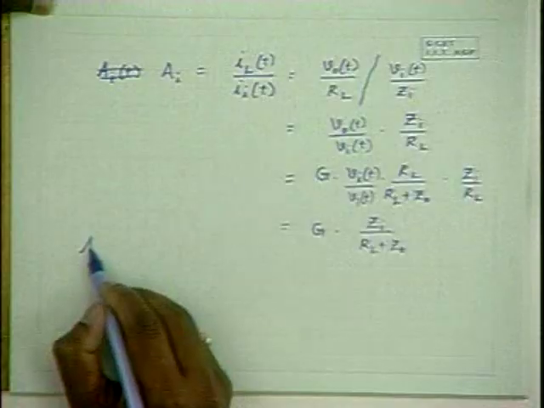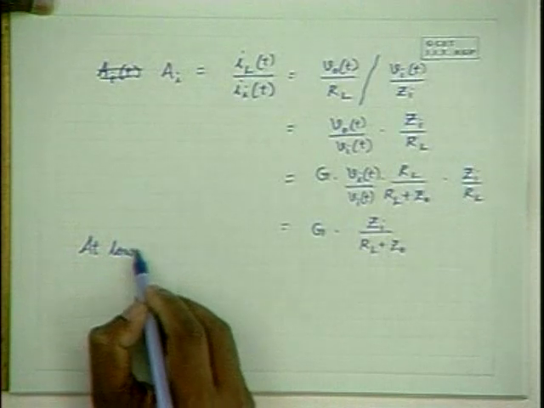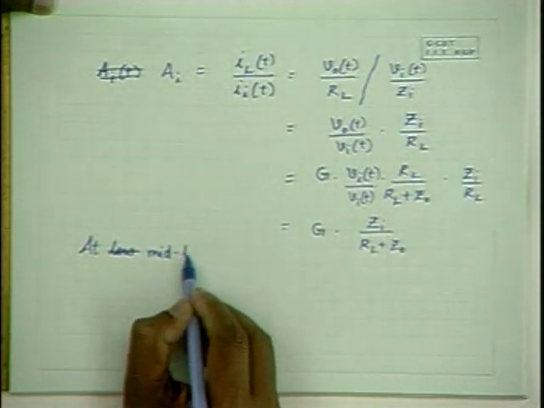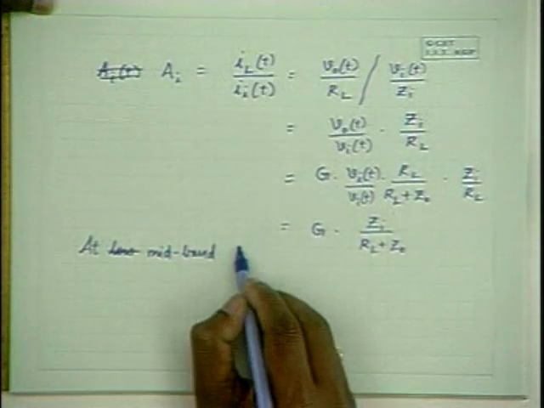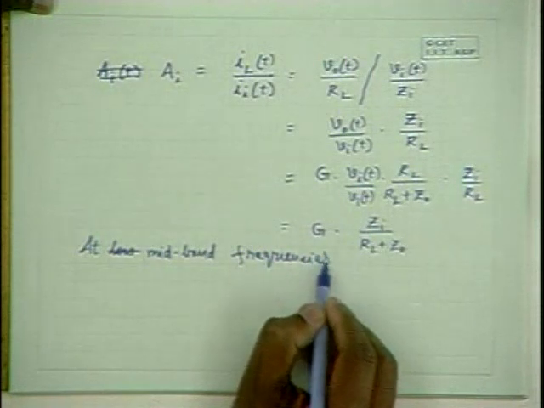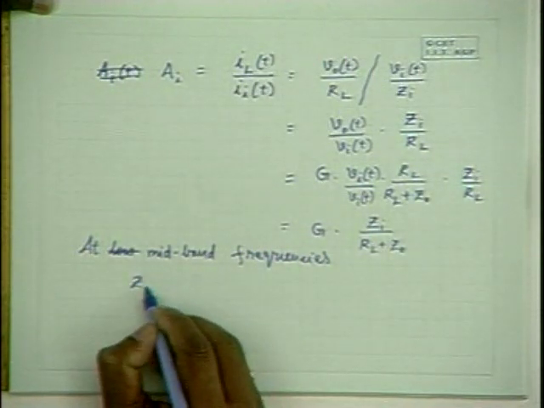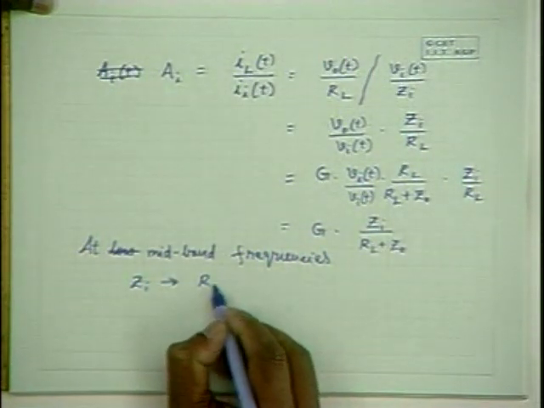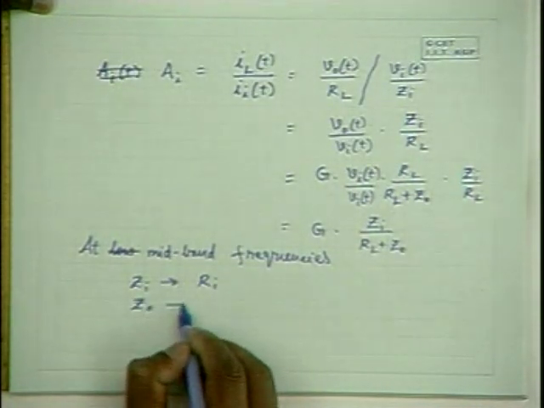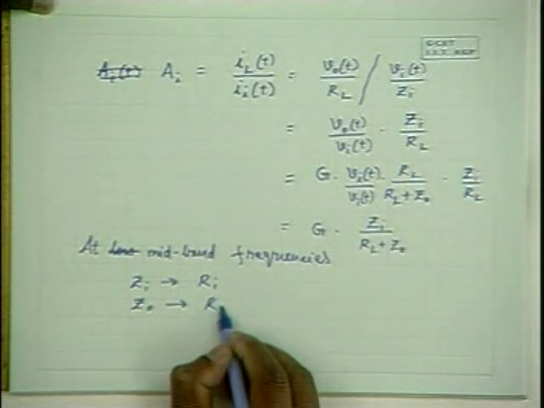So normally at low frequencies, or at midband frequencies, I'll explain why midband later. Typically, Zi tends to be a real quantity, and that is Ri, and Z0 tends to be a real quantity, and that is R0.